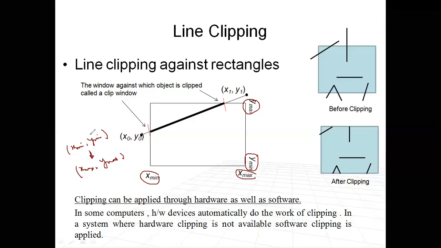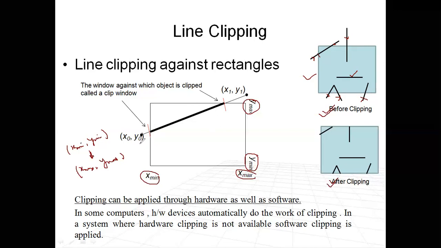Here the figure is shown. This is before clipping, the lines are drawn, a figure is drawn. Then after clipping across the intersection of its edge, this part is removed, this part is removed, and this part is removed, and this one is totally accepted. So this is before clipping, and this is after clipping.